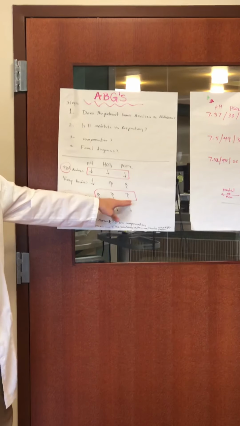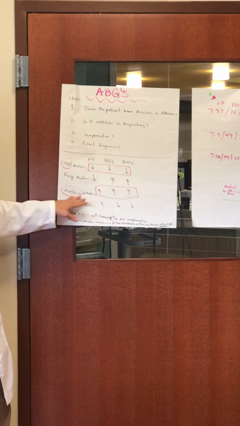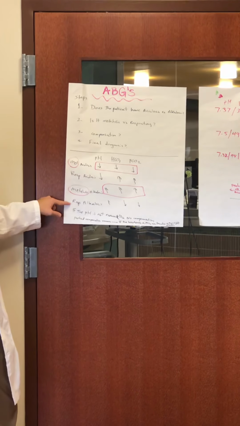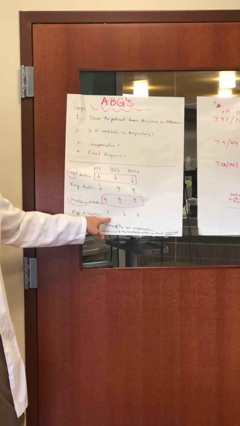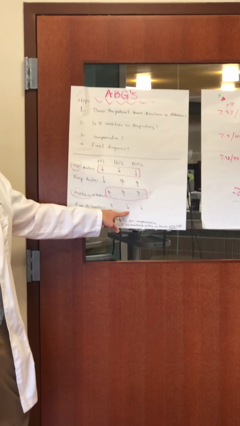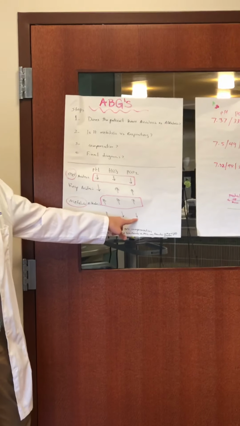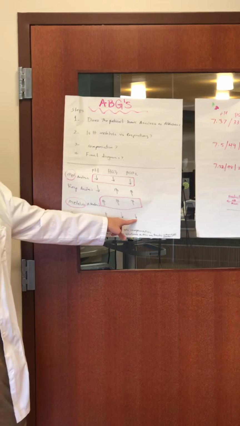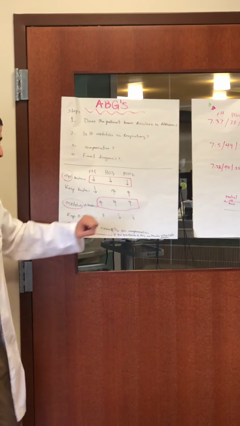Your carbon dioxide is up because it's trying to compensate for the metabolic alkalosis. For respiratory alkalosis, your pH is up because it's alkalosis. Your bicarbonate is down, and that tells you it's not metabolic. But your carbon dioxide is low because your body blew out all the acid, which is the carbon dioxide.